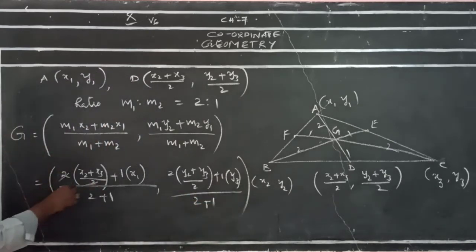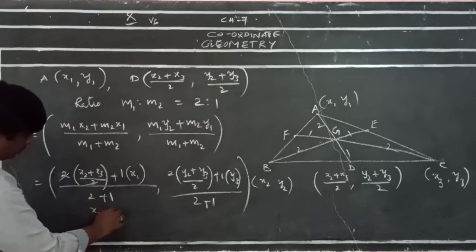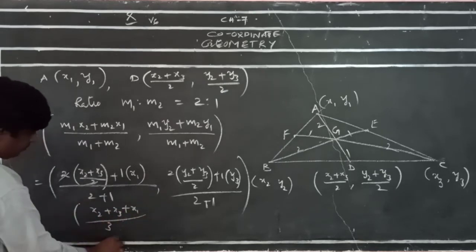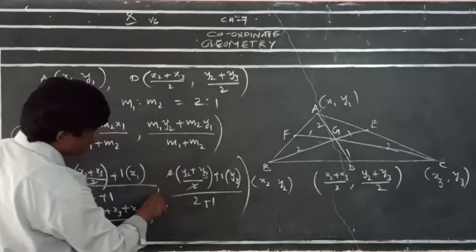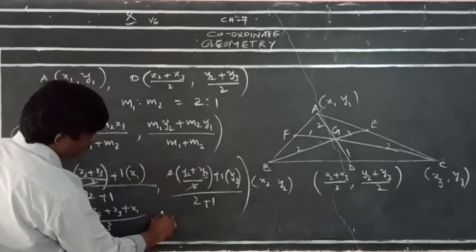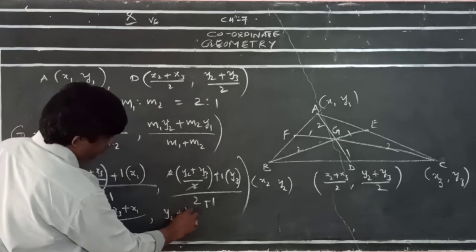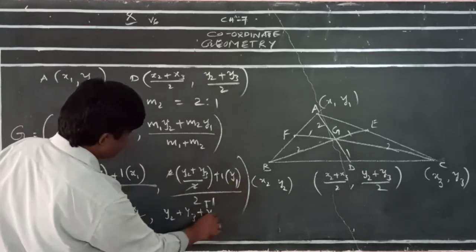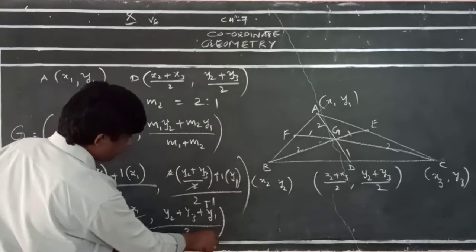These 2s get cancelled. Remaining is x2 plus x3 plus x1 by 3, and similarly y2 plus y3 plus y1 by 3.